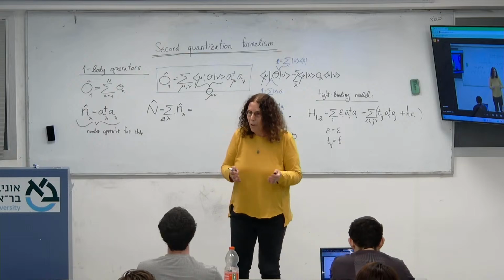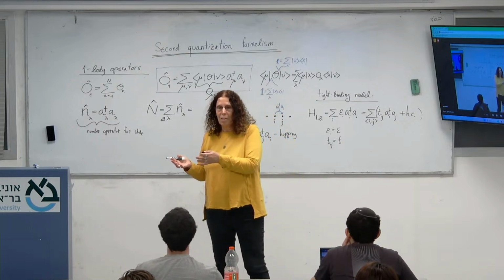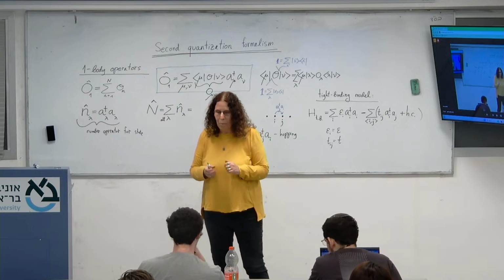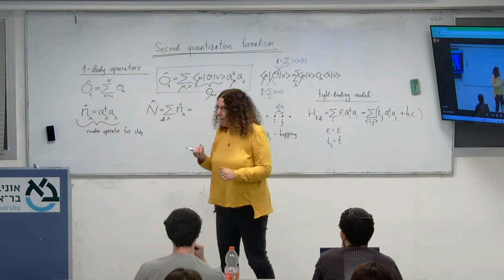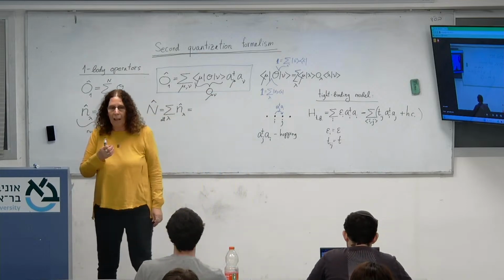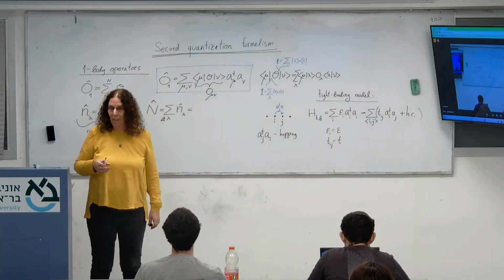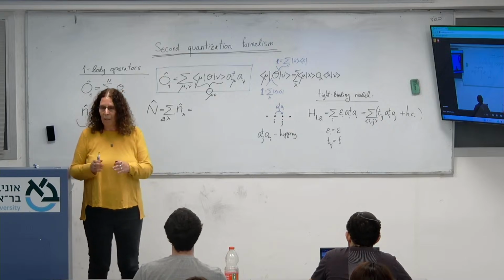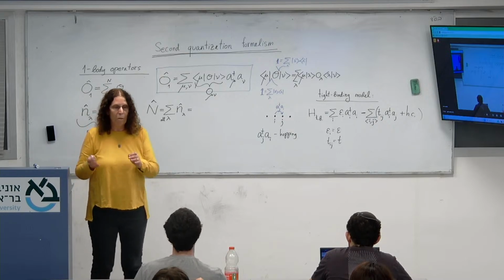If you change basis and you're just counting particles, you don't care what the quantum number describes, then it doesn't matter in what basis you write it, it will always be the sum over all the quantum numbers in this set of n.